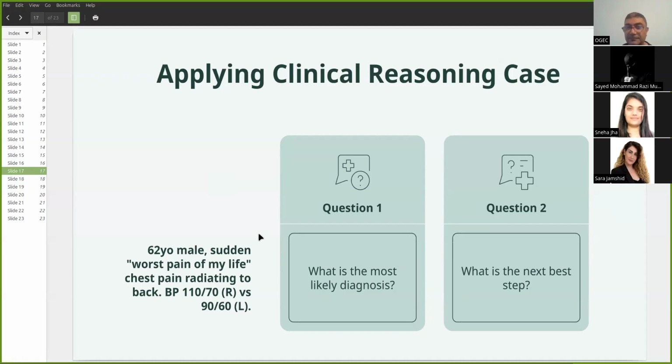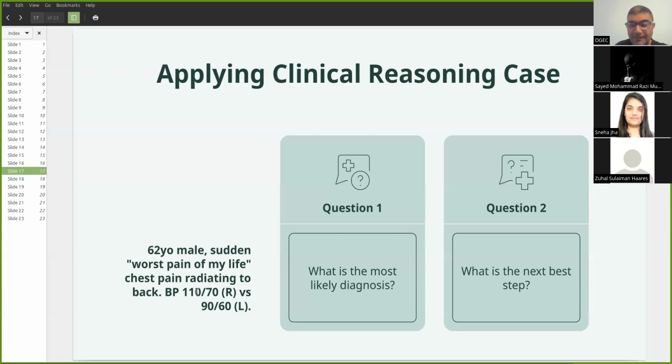Aortic dissection. Thank you. Anyone else? Yeah, it's aortic dissection, as there are many red flags in the scenario, like the age, the sudden worst pain, and also the difference between the blood pressure in the left and right arm, which is almost 20 millimeters of mercury.